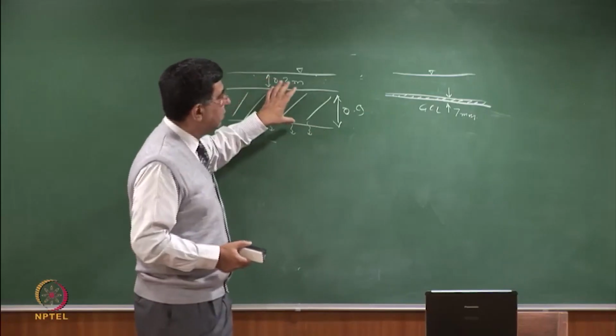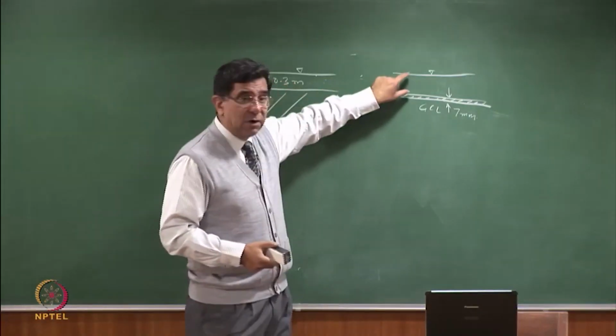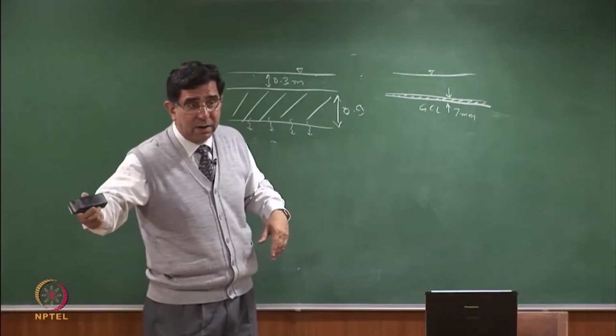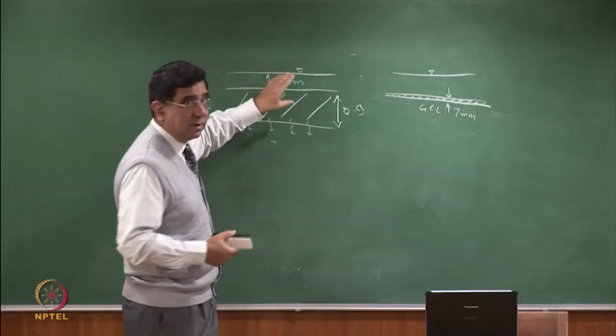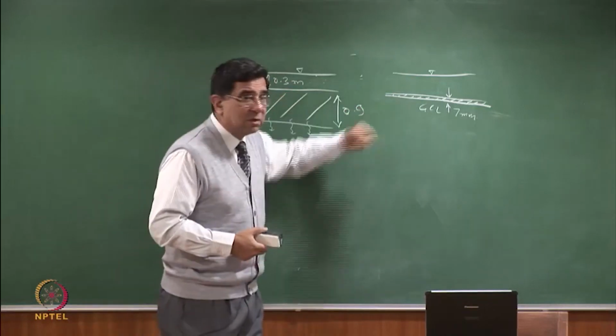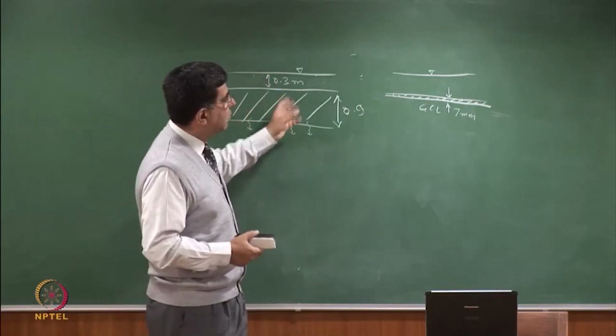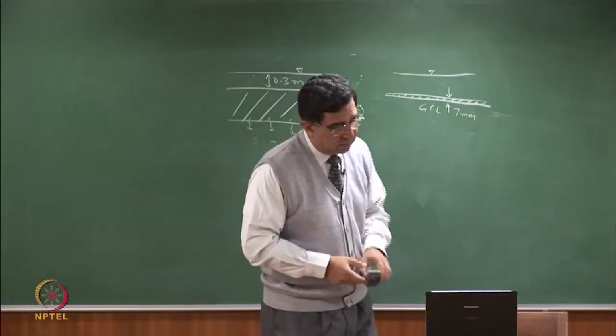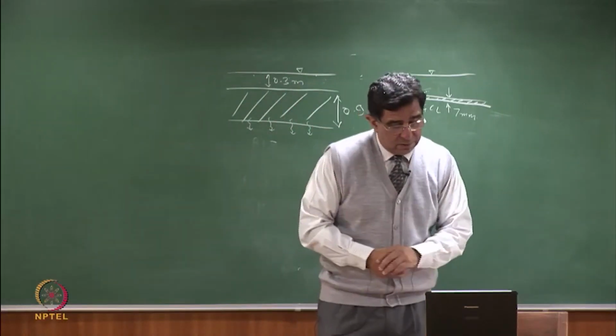So please understand once again, your hydraulic gradient is going to be very high here. Just like in the compacted clay liner, you're going to have a high hydraulic gradient here, but the permeability of this is much lower. And we'll do this comparison in terms of the advective mass flux.